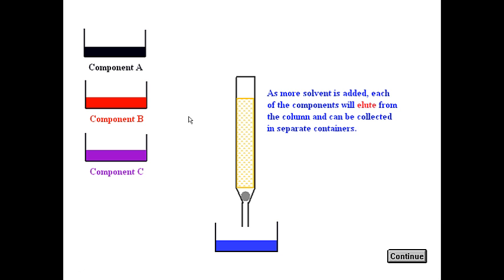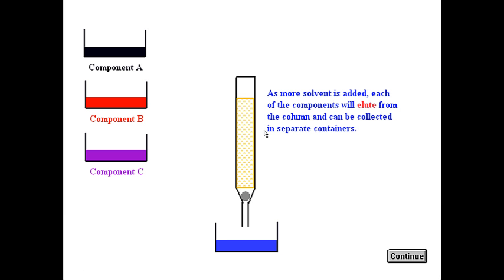Remember, it's the polarity difference between the stationary phase and the mobile phase, and the amount of time that the compound is partitioned between being stuck to the stationary phase and dissolving in the mobile phase, that causes the components to move up the plate, or in this case down the column.